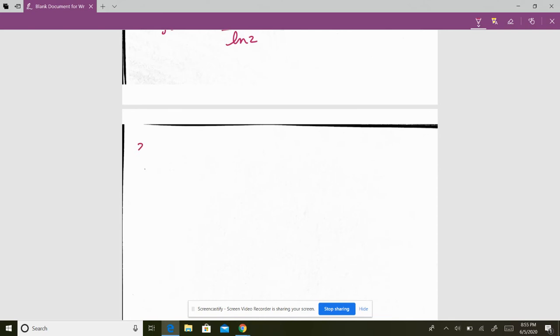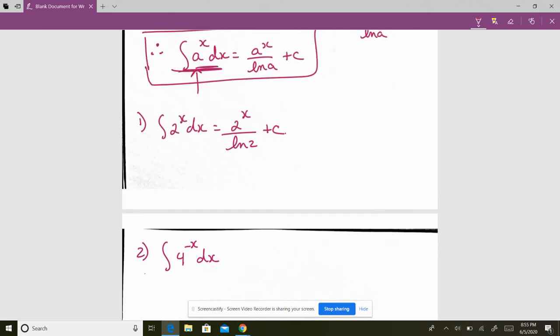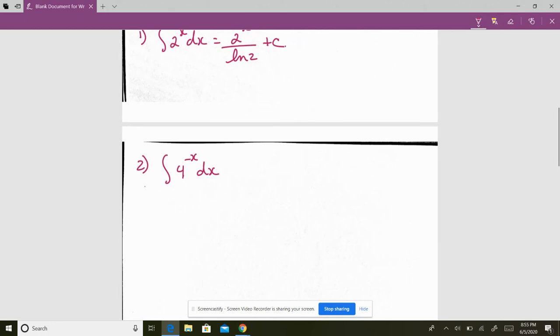All right. Second one, integral of 4 to the negative x dx. Doesn't match this formula. We're close, but we have this negative exponent. So we've got to do u sub, and you're going to u sub the exponent. So u is equal to negative x, du is equal to negative dx, and negative du is equal to dx. So this now becomes integral 4 to the power of u negative du.